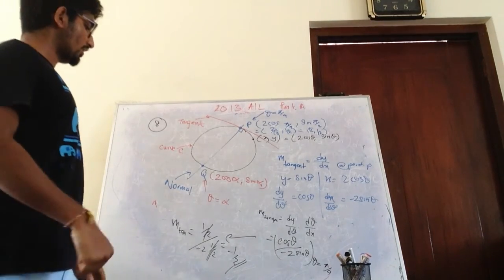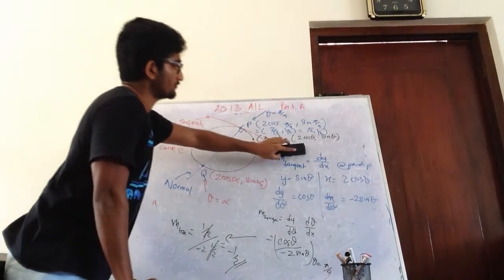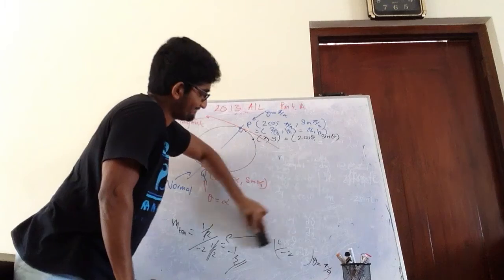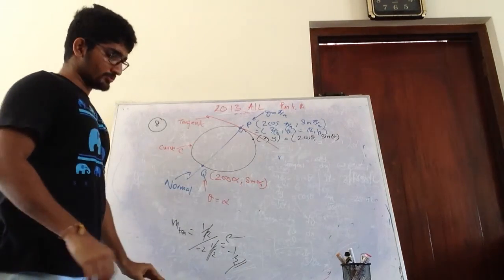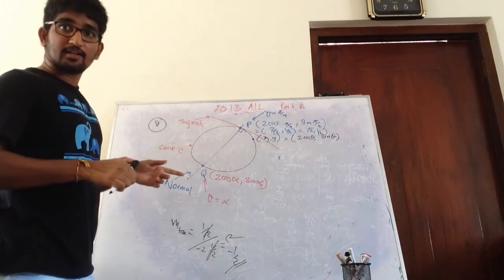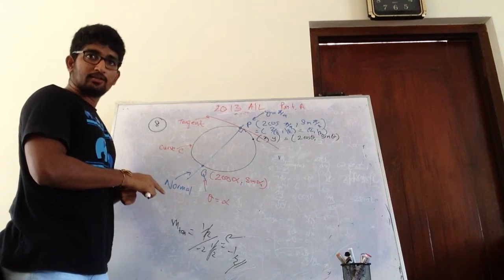So now we got up to this point. Now we can get the gradient of the normal line.